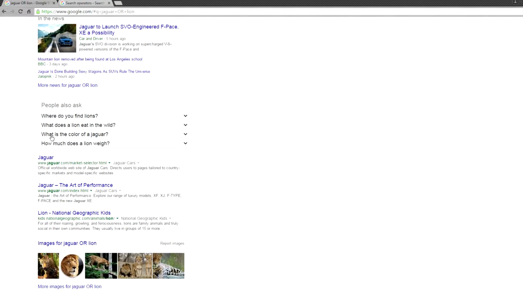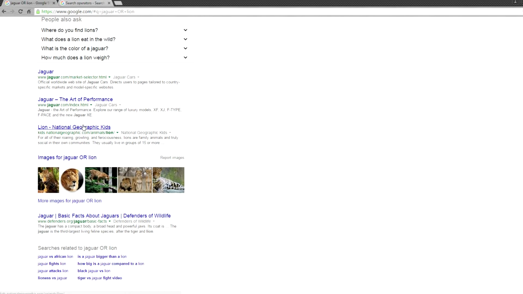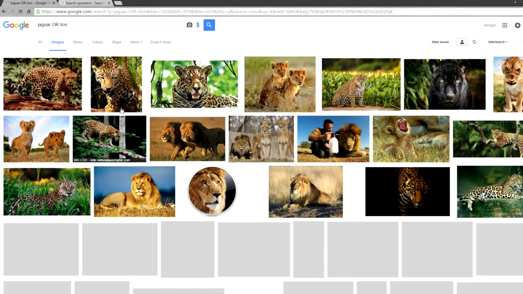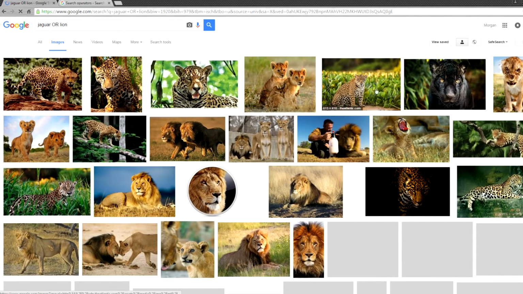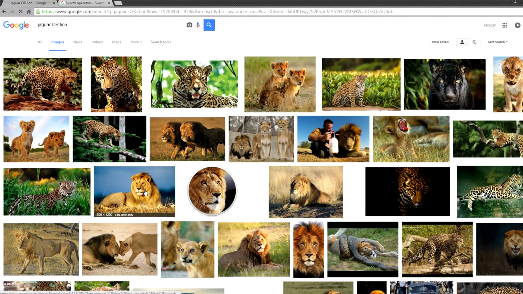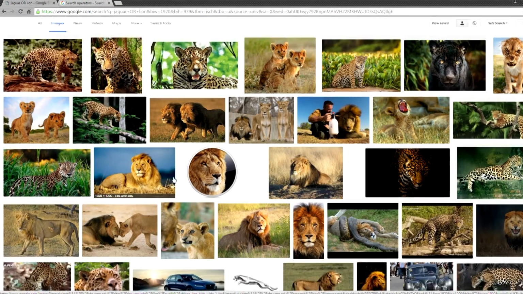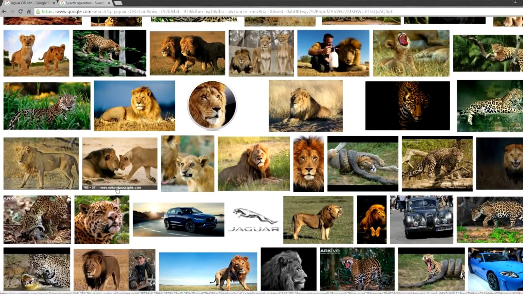What we should get is information about both jaguars and lions, and that's exactly what we have here. We have National Geographic, National Geographic Kids, jaguar information, and even images. We get both jaguars and lions, which is really nice if you want to search for two things simultaneously.